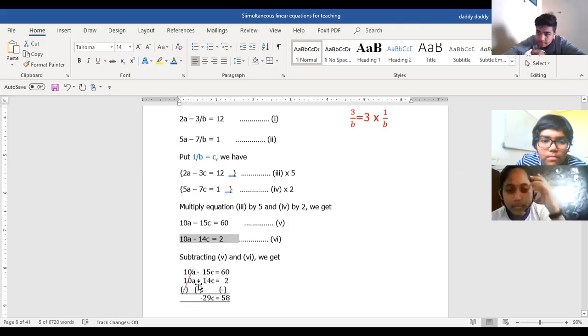This is a picture, so I cannot really make the changes, so please make the changes yourself. Initially it was minus, now it will become plus 14c. So instead of putting a minus in the bracket, you will put plus in the bracket just below 14. So minus 15 plus 14 will give you minus c is equal to 58. So c is equal to minus 58.